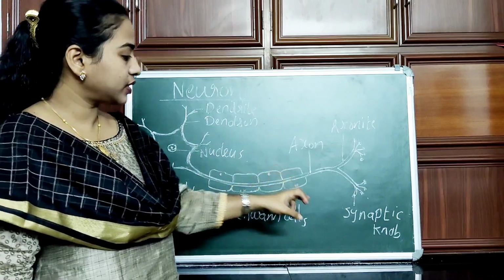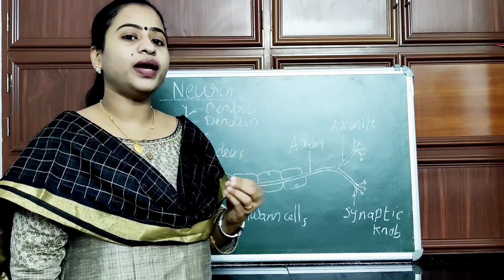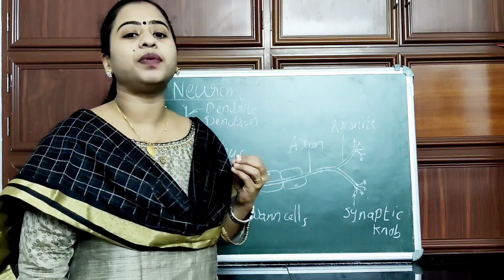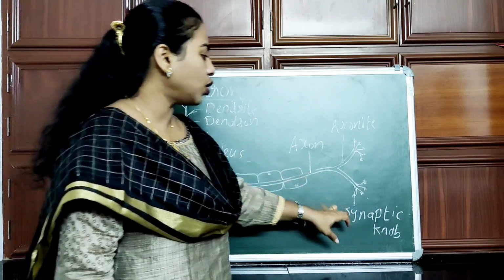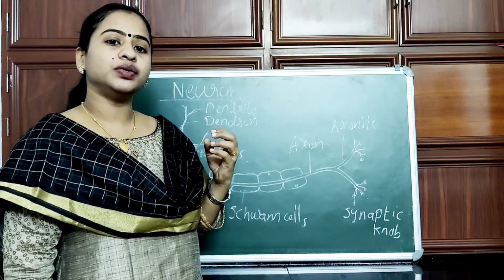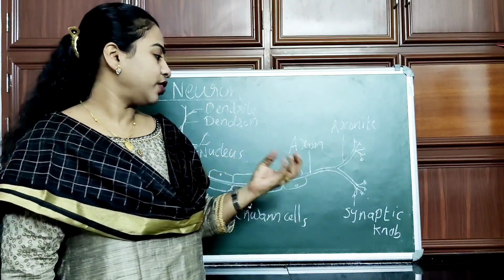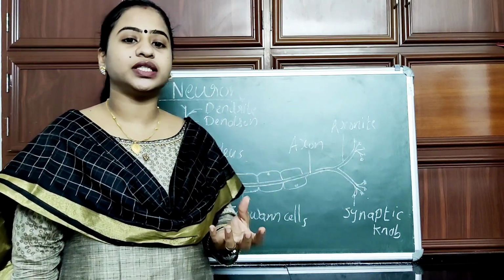Then the last structure is synaptic nerve. What is synaptic nerve? It is the knob-like structure present at the tip of the axonite. Their function is to secrete neurotransmitters.